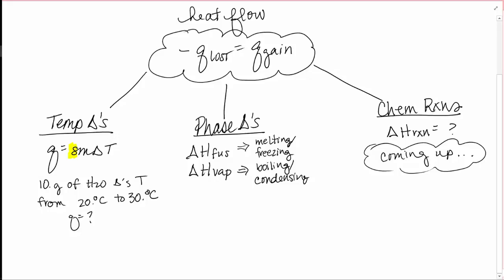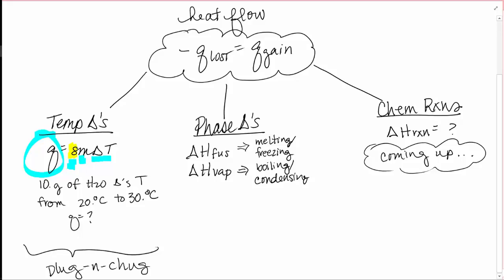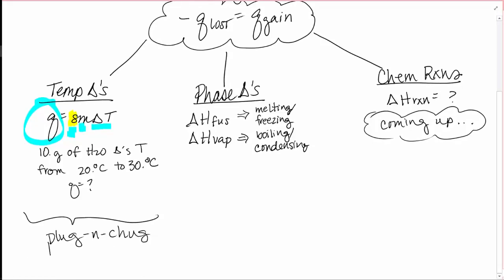We can plug in our numbers. We know the specific heat of water, we know the mass of the water, and we know final minus initial temperature, and we can find Q. So we've been doing that already. This is essentially a plug and chug kind of problem, right? You have a formula, you figure out what you need to put in, and you put it in.